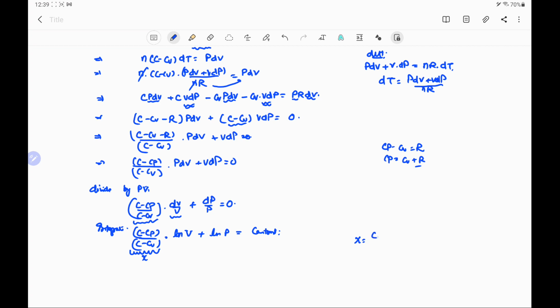Let x = (C - Cp)/(C - Cv). So we have x log V + log P = constant, and using the property of logs, it can be written as log V^x + log P = constant, and further, since log m + log n is log mn, we can write log PV^x = constant.